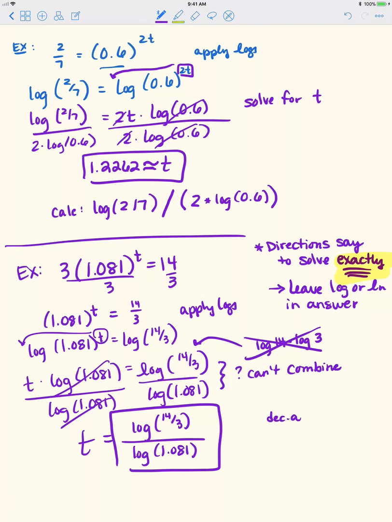If you'd like to know the decimal approximation, it was about 19.7781. But if you enter that in for your online homework in Wiley, it will not work. It'll tell you that it's wrong, and you'll wonder why. And so this one that I've put the box around is exact. So leave it as the log of 14 thirds divided by the log of 1.081, and you'll be good.